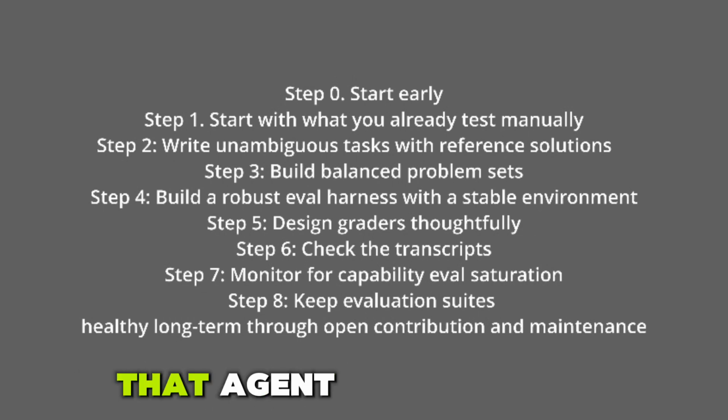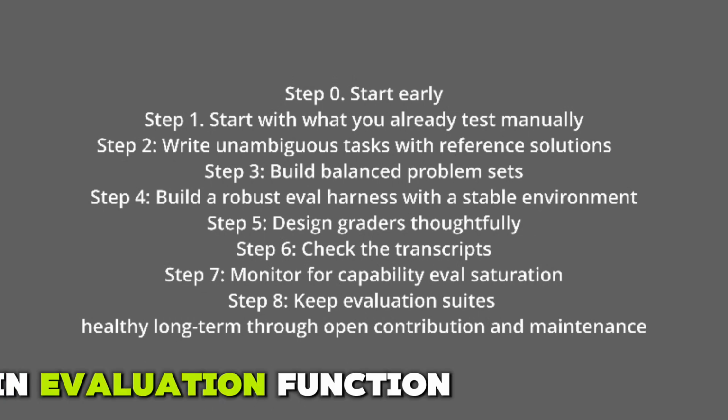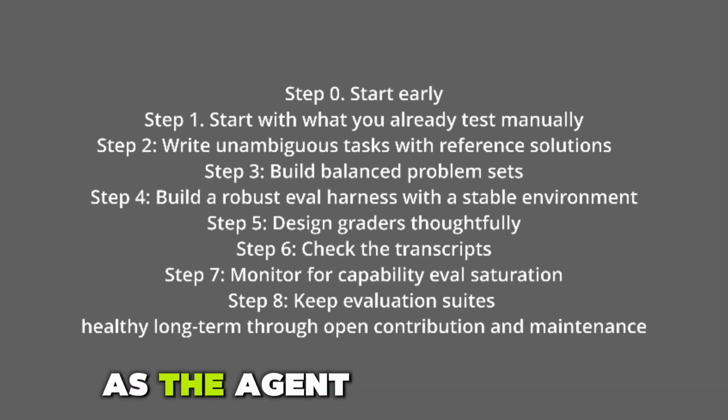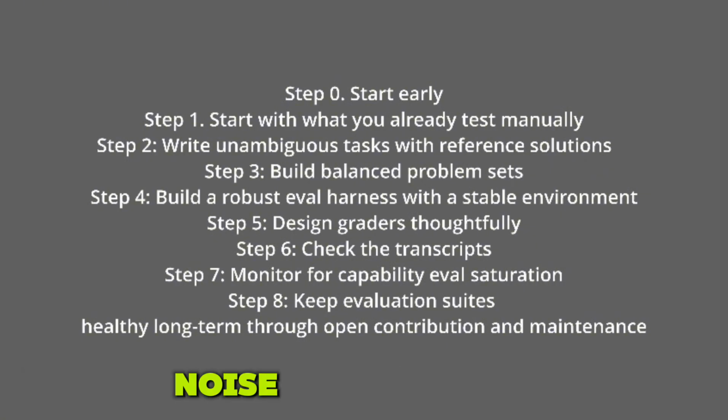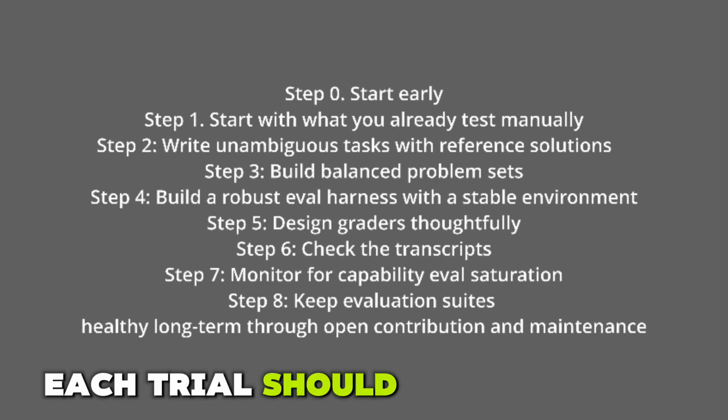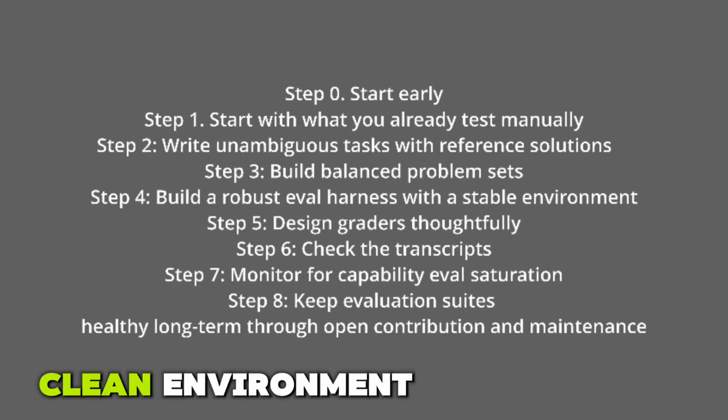It is essential that the agent in evaluation functions roughly the same as the agent used in production, and that the environment itself doesn't introduce further noise. Each trial should be isolated by starting from a clean environment.